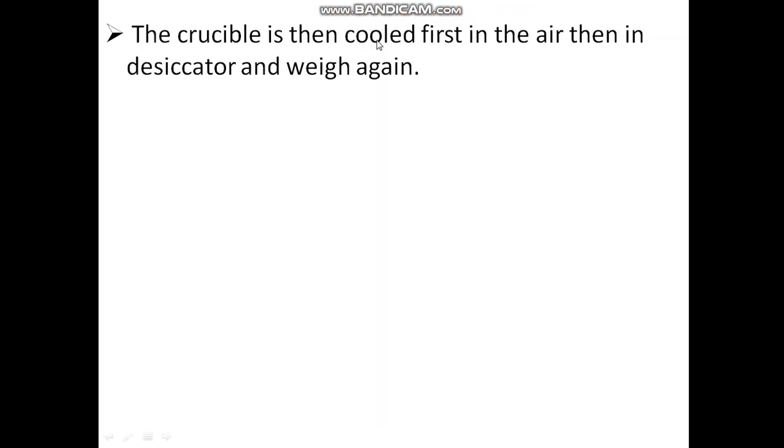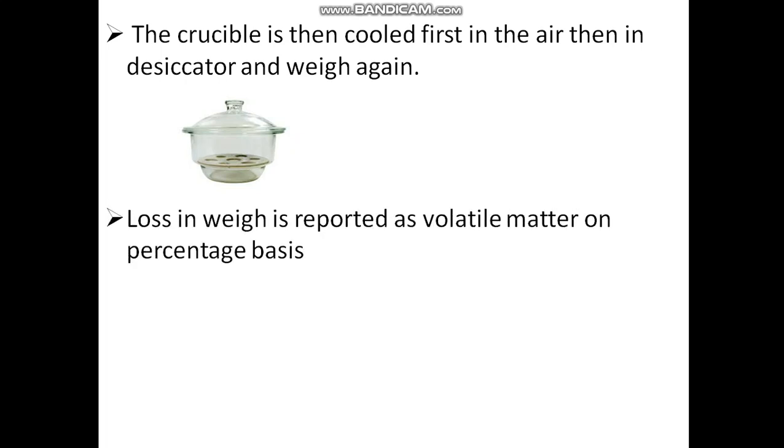The crucible is then cooled first in the air, then in a desiccator, and then it is weighed again. So this is a desiccator. In this desiccator, we are going to keep the crucible and take its weight after that. So loss in weight is reported as the volatile matter.